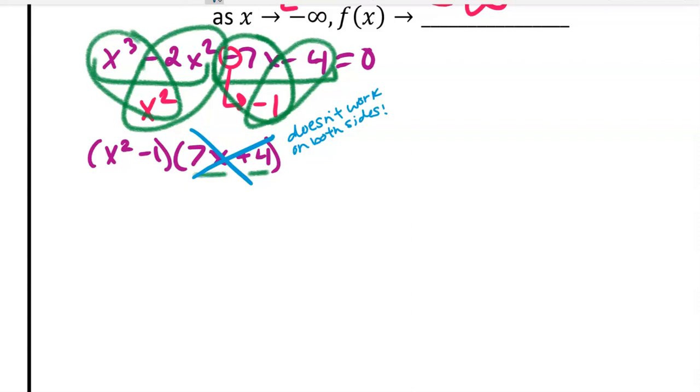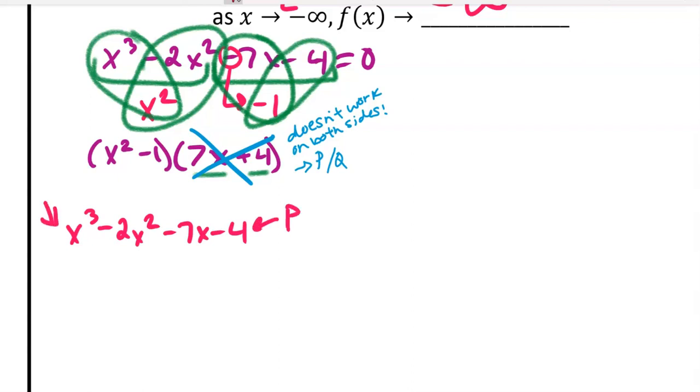So when we find out that factor by grouping doesn't work, then we need to go into P over Q. So I'm just going to rewrite my polynomial because that looks a mess up there. x cubed minus 2x squared minus 7x minus 4. There we go. So here is my P, and here is my Q, which is just 1.